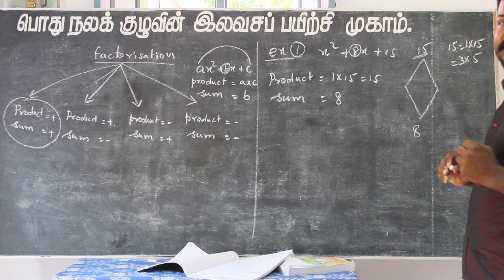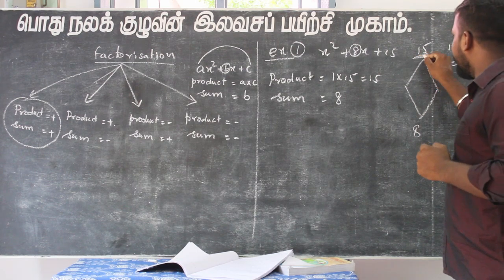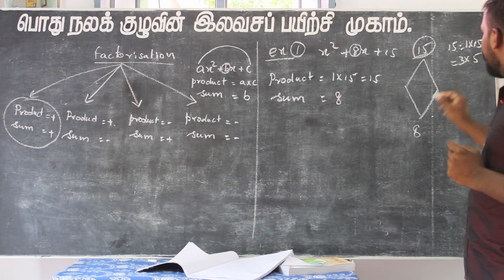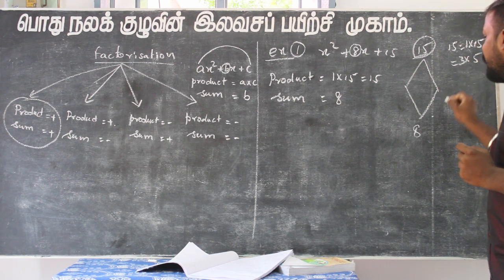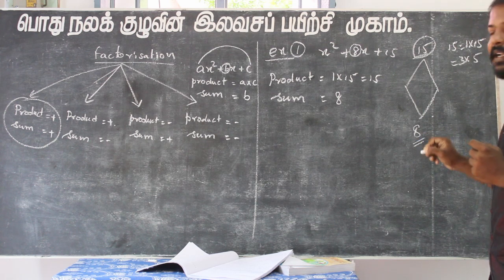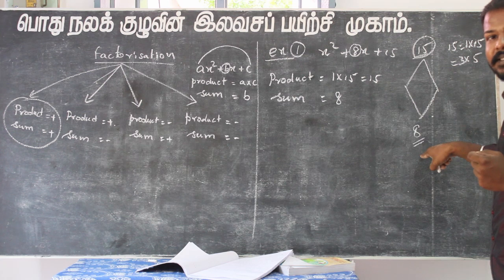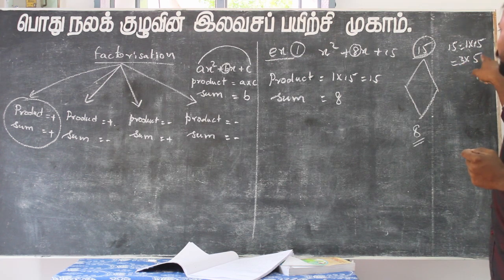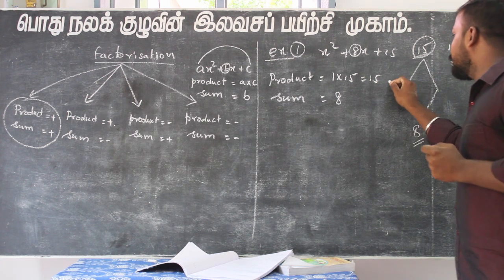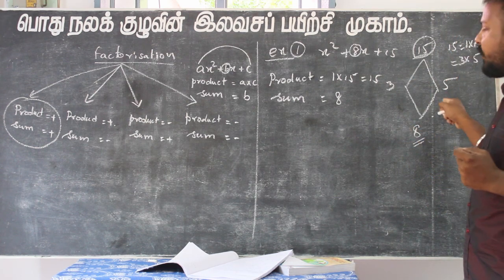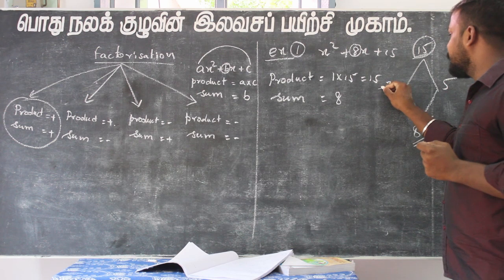The important note is that your product is positive, which means that when you add both factors you should get the sum. So 1 plus 15 is 16, that is not possible. Your sum is 8. So 3 plus 5, what will we get? 8. So you choose both numbers 3 and 5, and both signs should be positive.